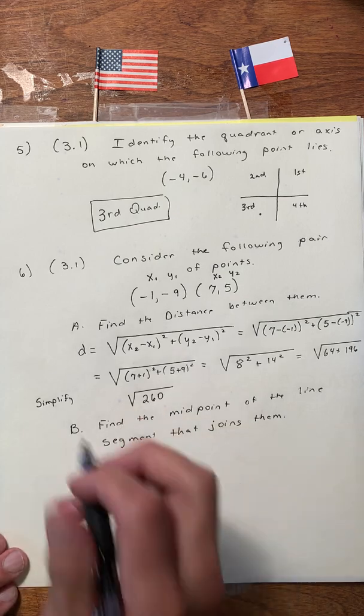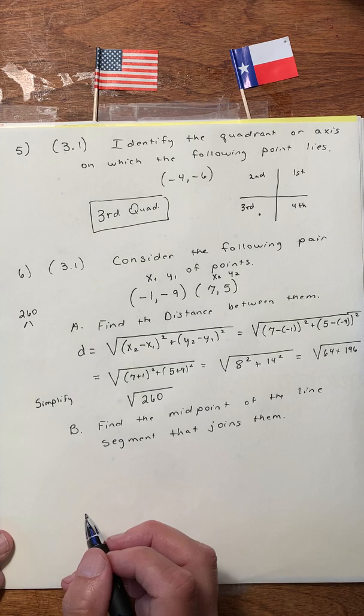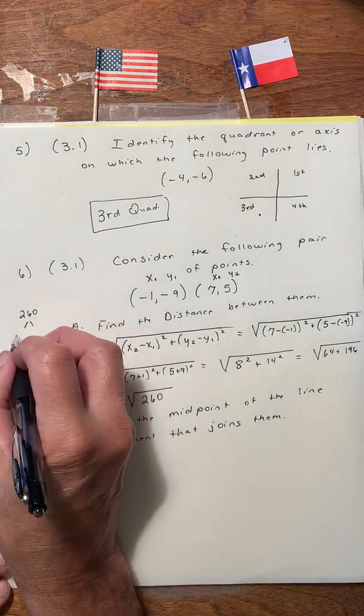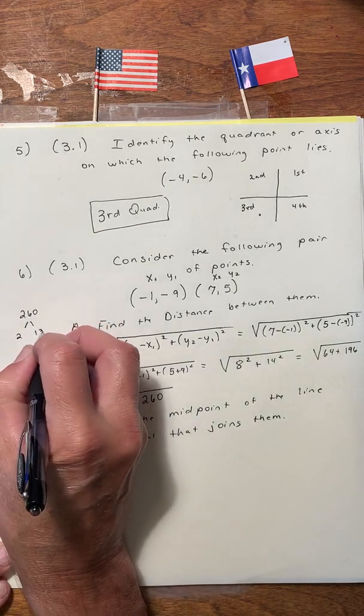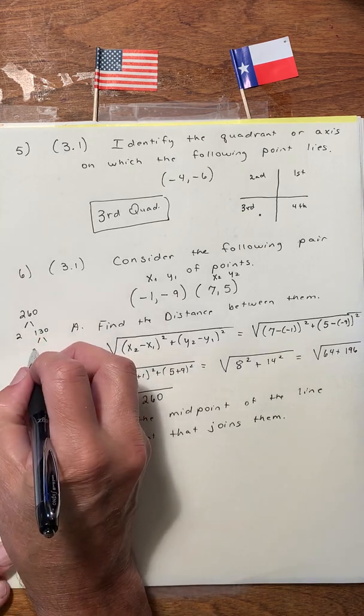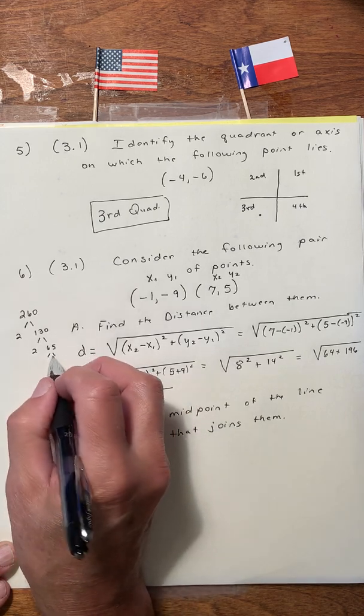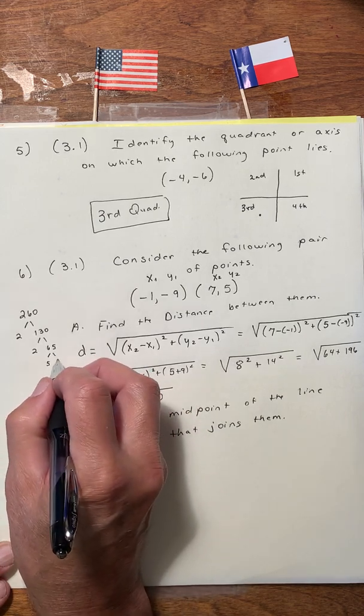And the way you do that is you use your old factor tree. This is an even number, 2 times 130. This is an even number, 2 times 65. This is divisible by 5, 5, and 13.